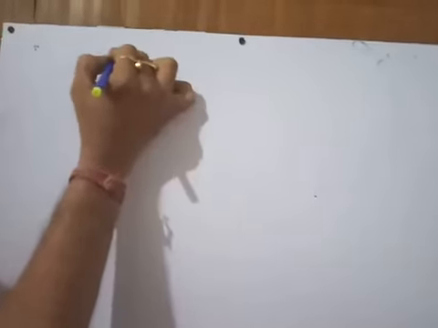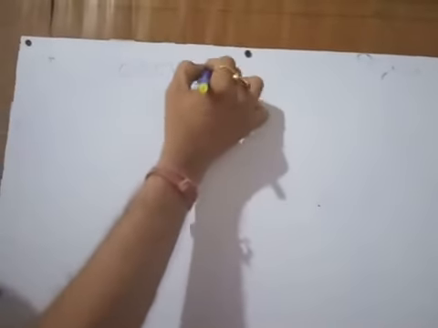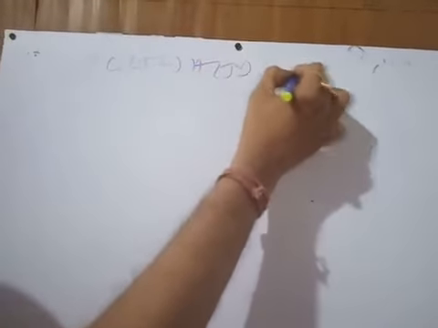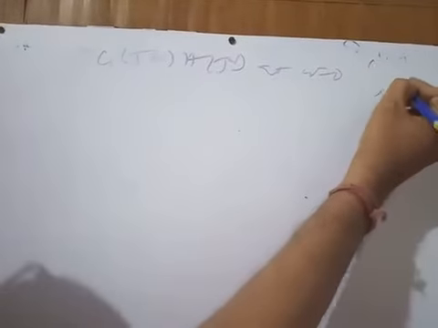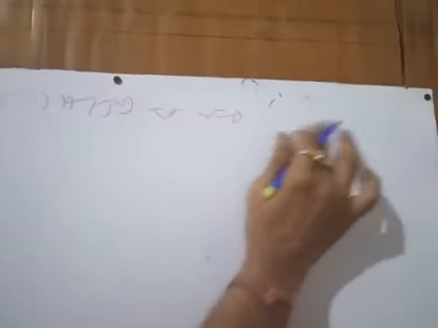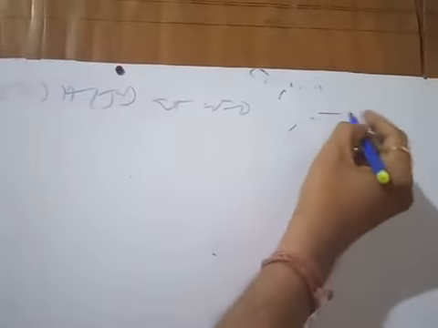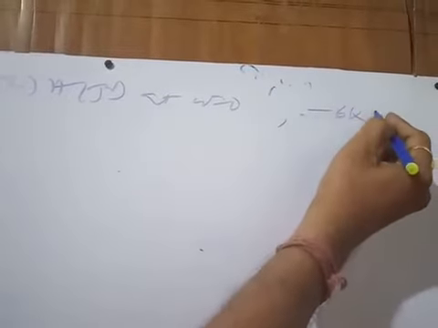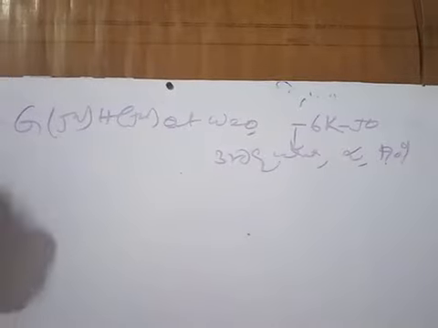So G(j omega) H(j omega) at omega equal to 0: we get minus 6k minus j infinity. That is the third quadrant operation. Magnitude is infinite, angle 90 degree.